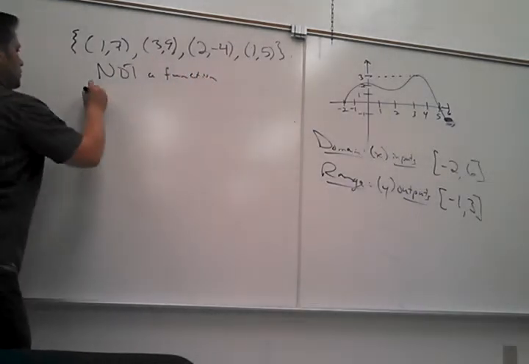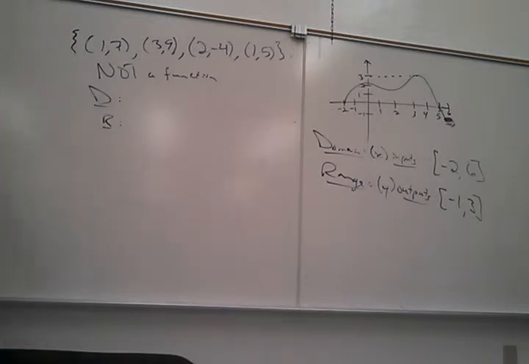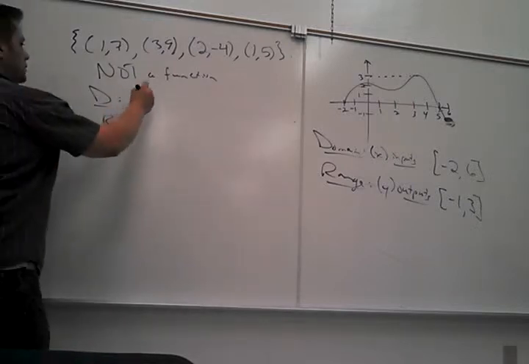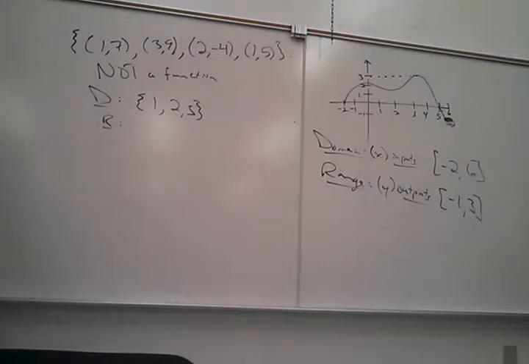But I can still ask you, what's the domain and range? It just isn't a function. But what's the domain going to be? Careful now. Yeah, it's going to be specifically 1, 2, and 3. I can't say 1 to 3 because then you're telling me that 2.5 works and 1.8. No, it doesn't. 1 works, 2 works, 3 works.